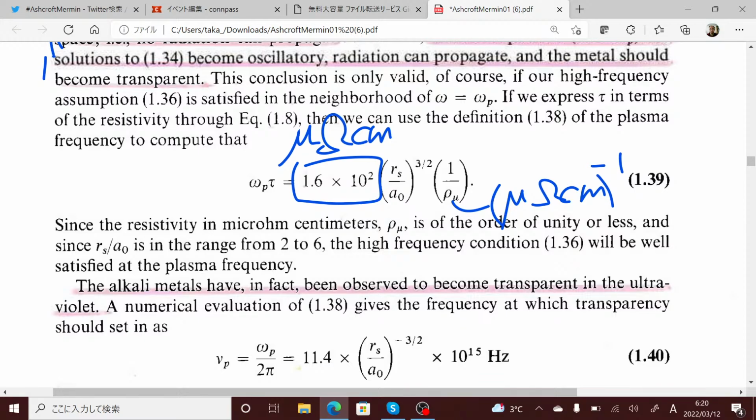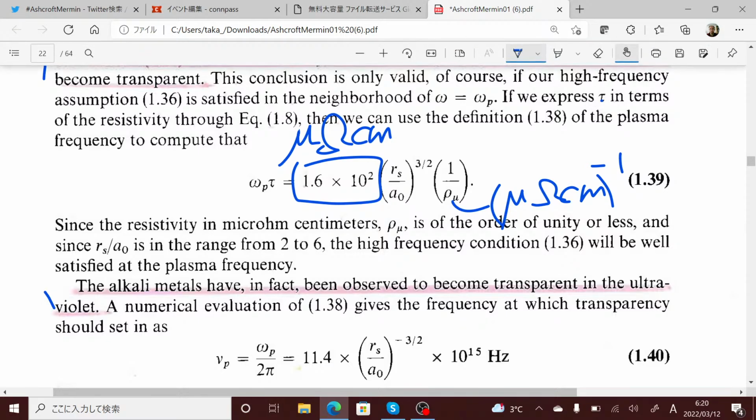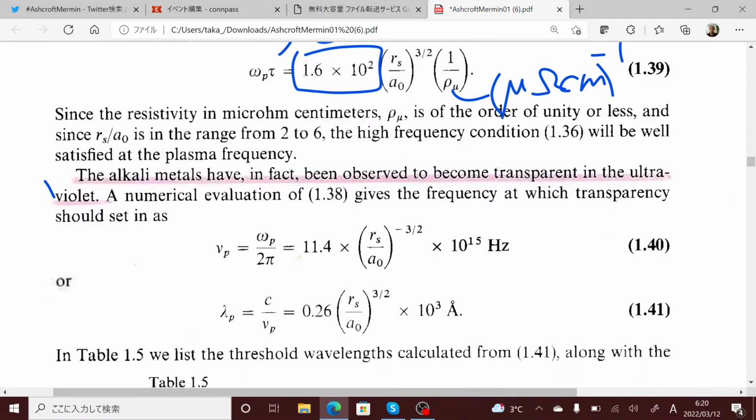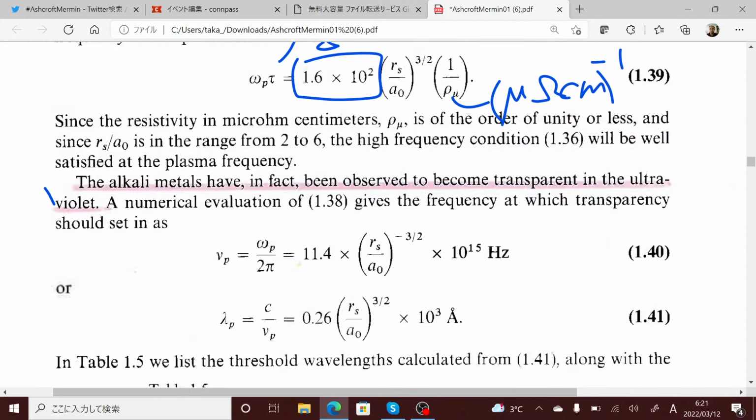Why? At the plasma frequency, the alkali metals have in fact been observed to become transparent in the ultraviolet.